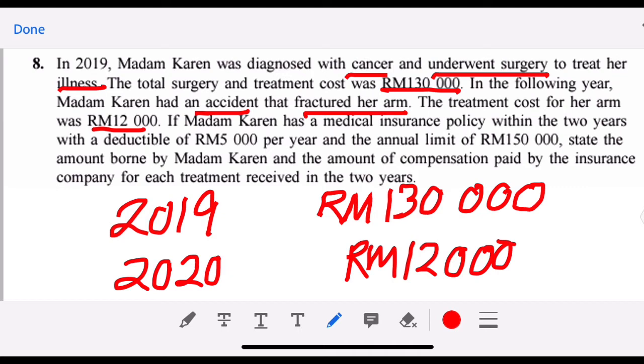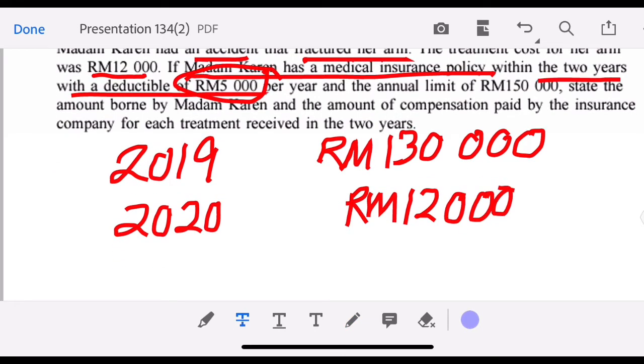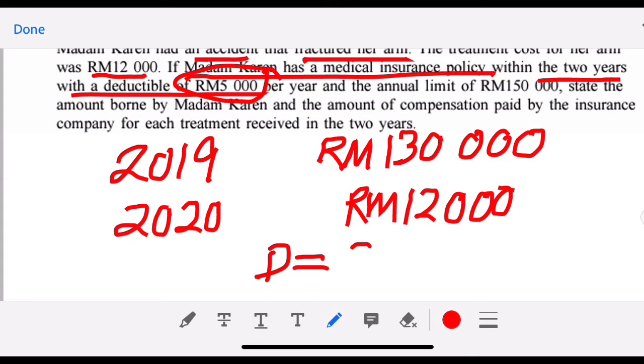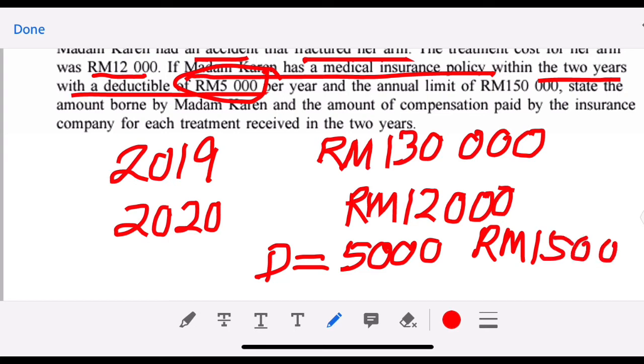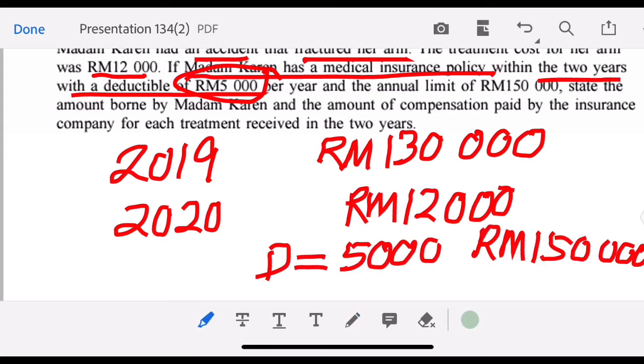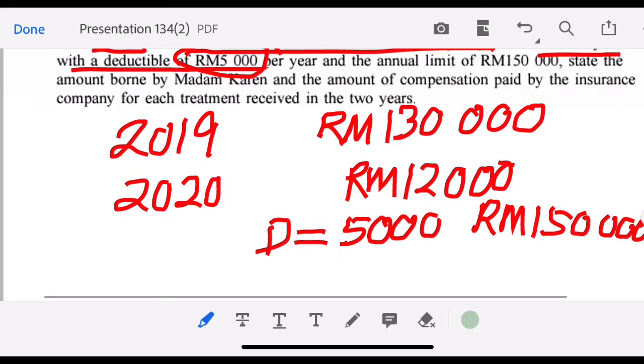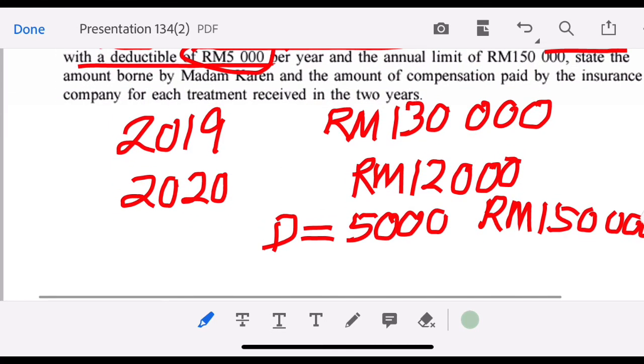Alright, so if Madam Karen has a medical insurance policy within 2 years with a deductible amount of 5,000, and the annual limit is RM 150,000. That means Madam Karen cannot spend more than 150,000.